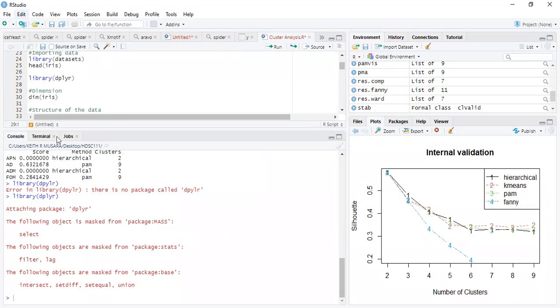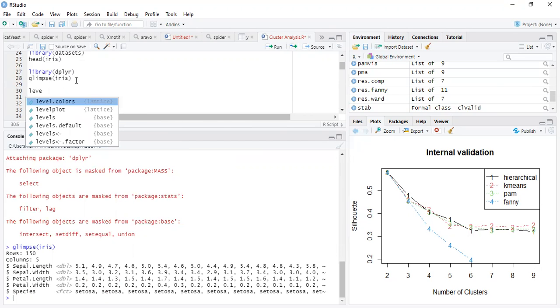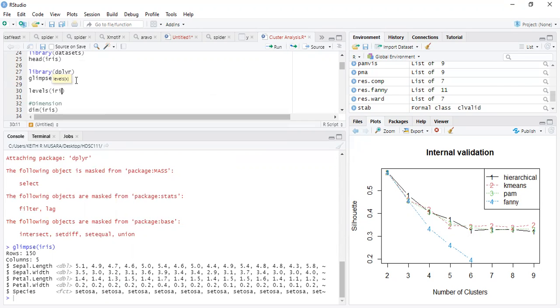So I've used it, I want to use glimpse. Yeah, I think it also gives you the structure. Okay, let me use levels. I want to look at how many classes we have within our data in terms of the species data.